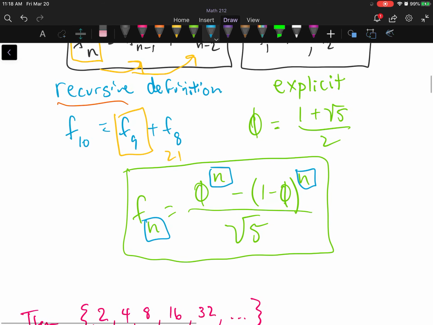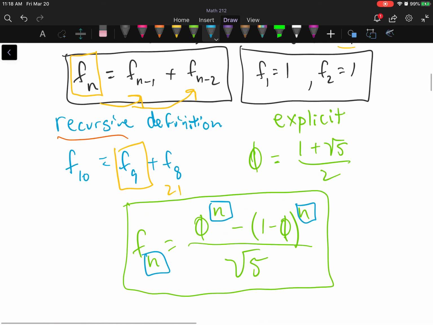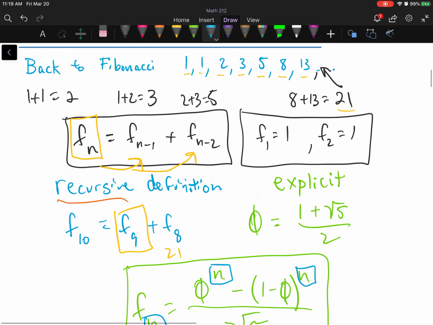But that's something that we'll do later. Really, for this example, I just wanted to hammer home the point that a recursive definition for a sequence is different than an explicit definition. And an explicit definition is much better for getting the nth term when n is large.